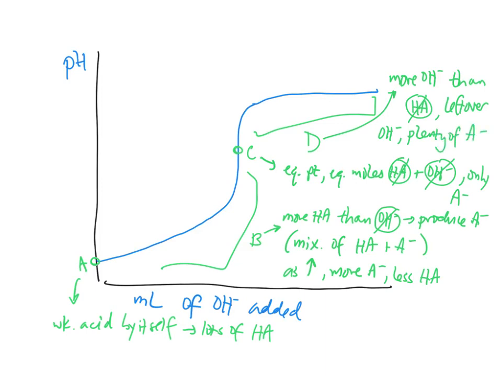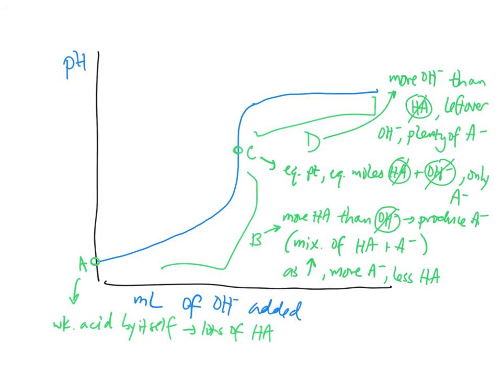It just so happens, of course, that OH- is thousands and thousands or millions and millions of times stronger than A-, because it's a strong base and A- is not a strong base. So the pH is really a function of OH-, which is why the curve looks a lot like the strong base curve, simply because you have so much strong base relative to the weak conjugate base A-. So it might as well just be the OH- by itself. The A-, from a mathematical standpoint, is irrelevant.